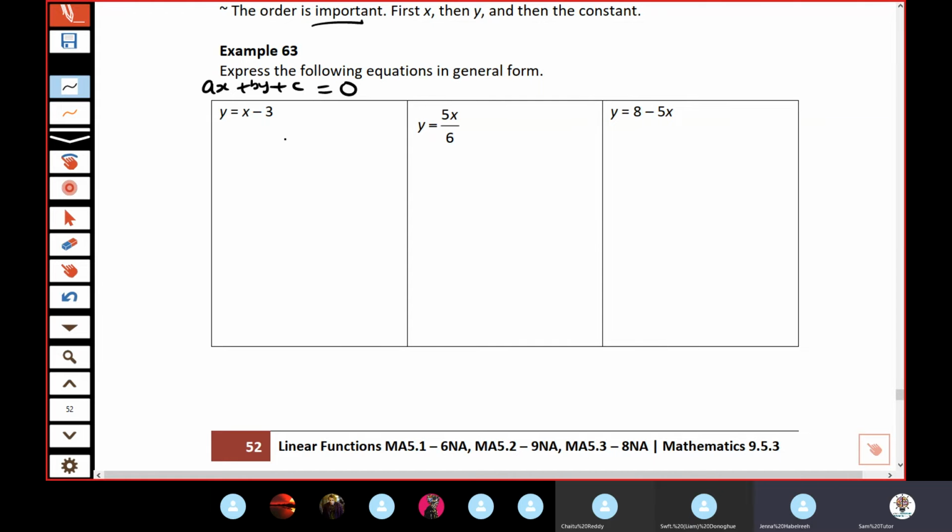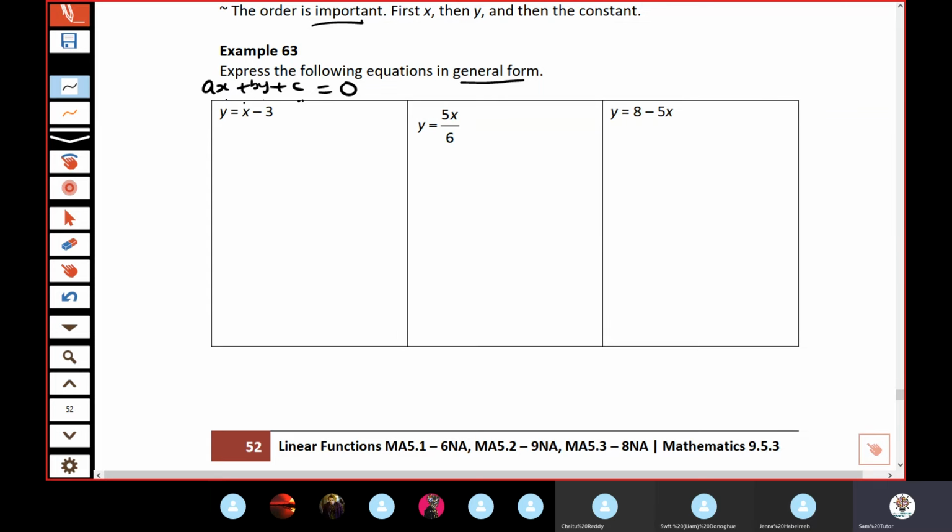Do you move the -3? So you're going to move the right-hand side to the left-hand side? Or do you move the left-hand side? Let's confirm one more time, because it looks like you made x the subject, which I understand. But what you want to do for general form is everything, x, y, and the number, on the same side. And the only extra clue that I can give you is you would like to keep x positive.